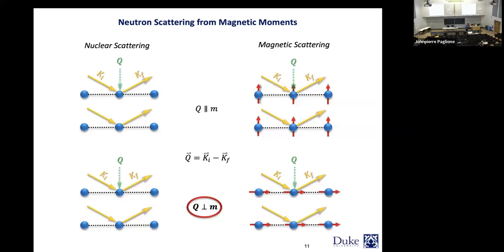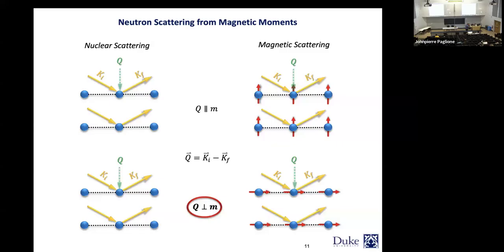But you would also be able to, for example, measure the magnetic properties of it, right? So if the beam is going to come in, and the spins are oriented along a particular direction, and it gets out, your momentum transfer, or Q, is going to be basically Ki minus Kf, so it's going to be along this direction.